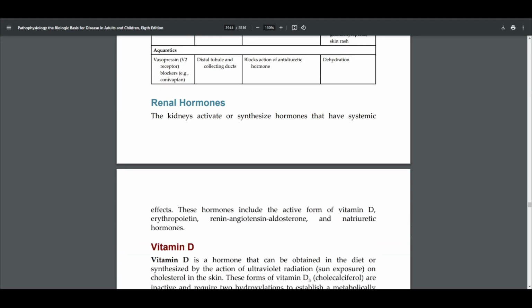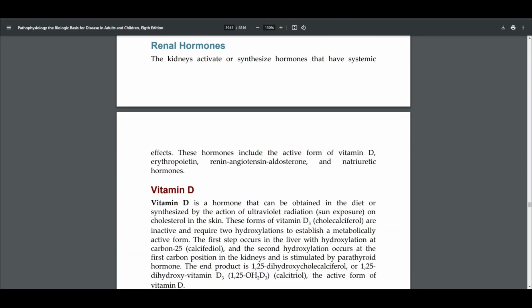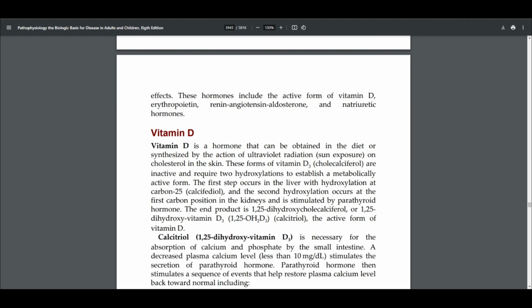Renal hormones. The kidneys activate or synthesize hormones that have systemic effects. These hormones include the active form of vitamin D, erythropoietin, renin-angiotensin-aldosterone, and natriuretic hormone.